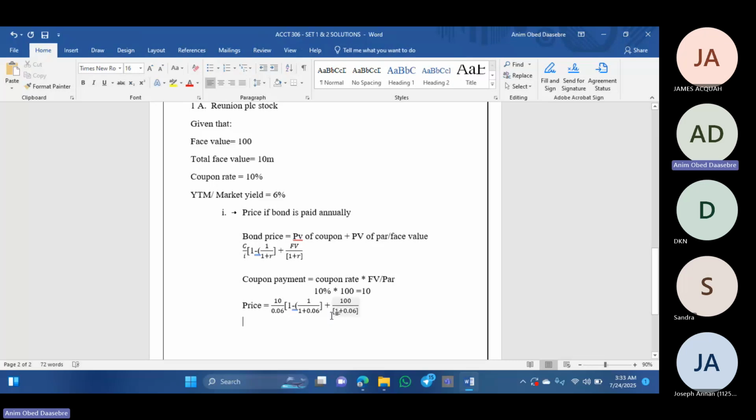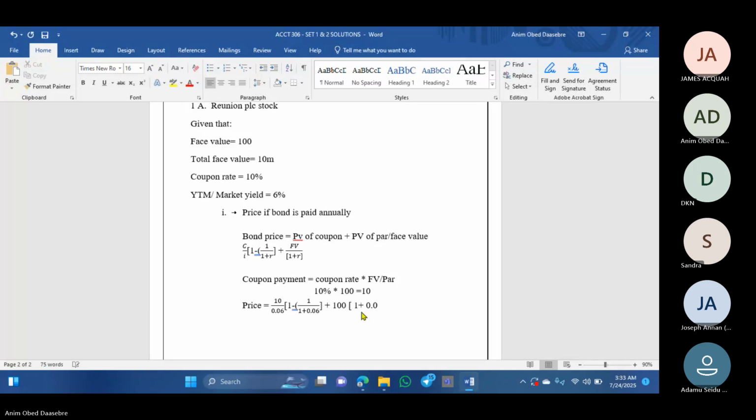Or I should use this one. 200 brackets 1 plus 6, power negative 10.